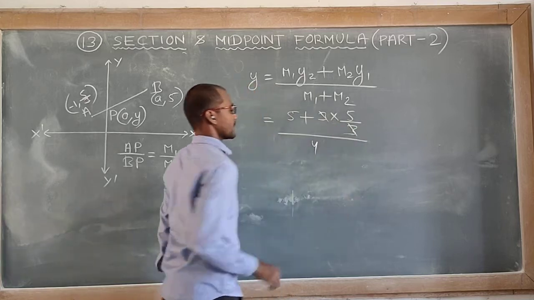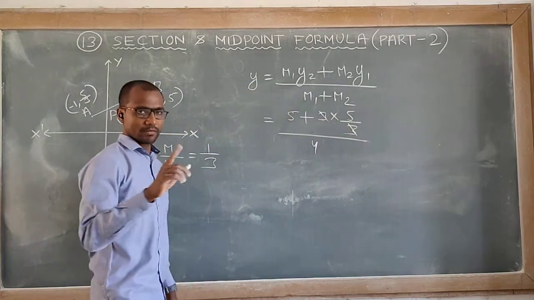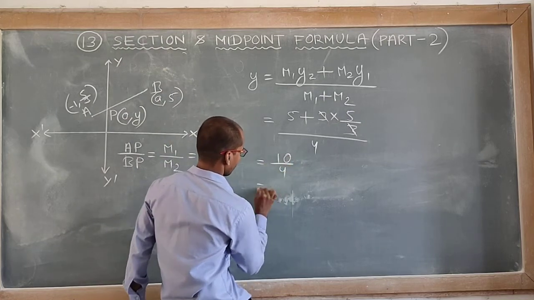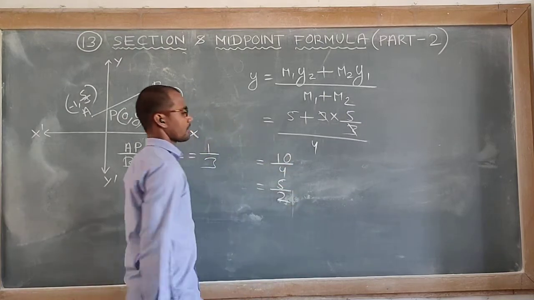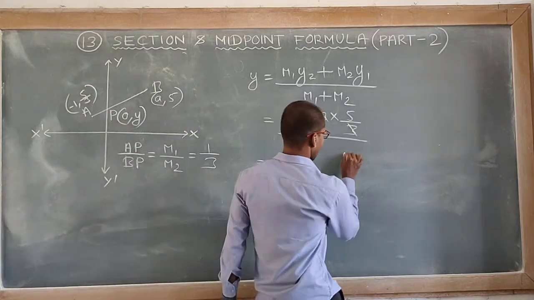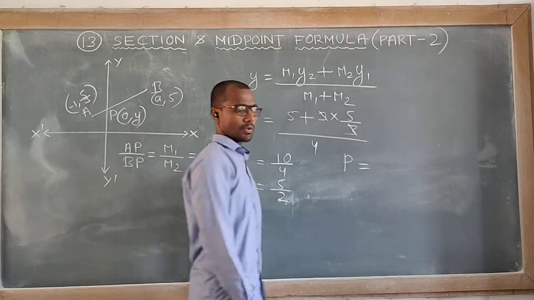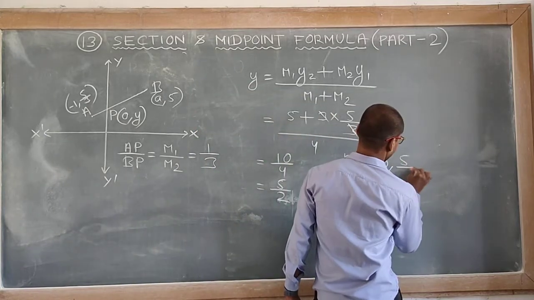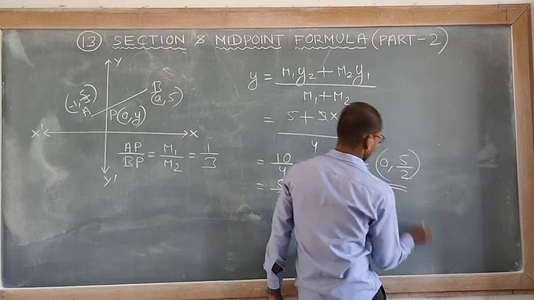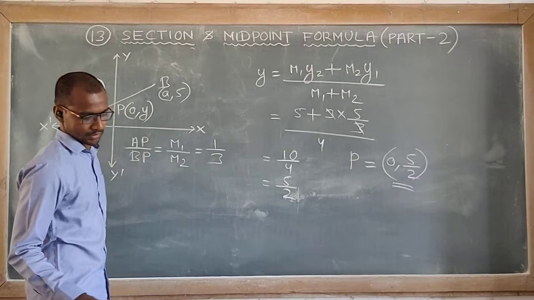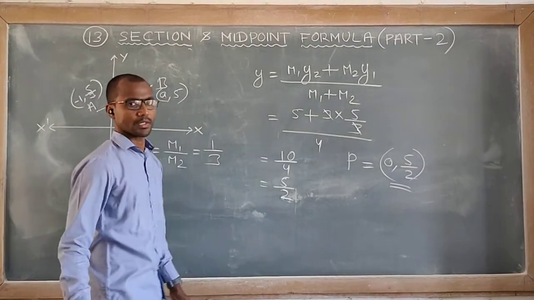So 5 plus 5 is 10, and 10 by 4 is 5 by 2. So we got y. The coordinates of point P are (0, 5/2). So we have got the coordinates of point P.